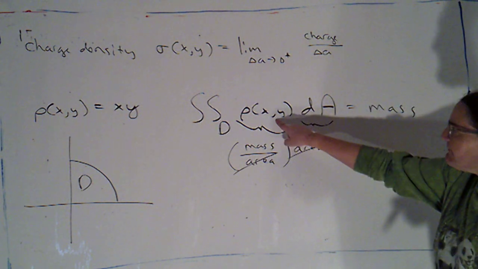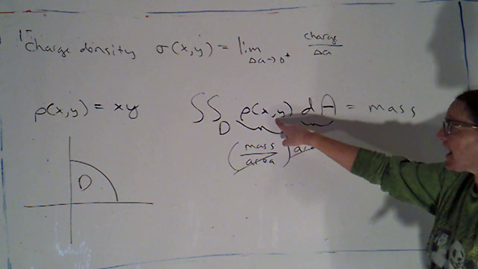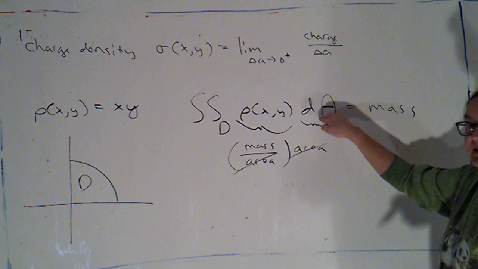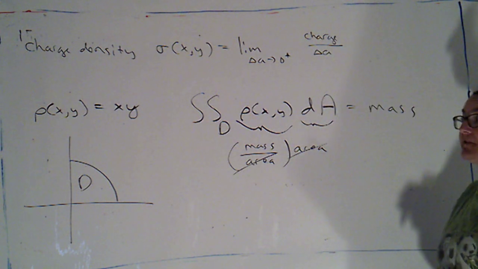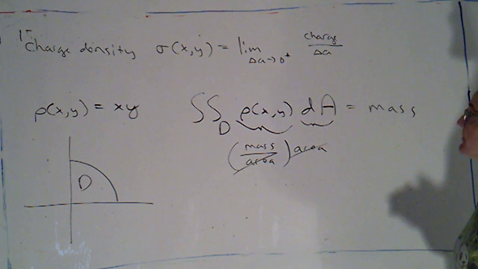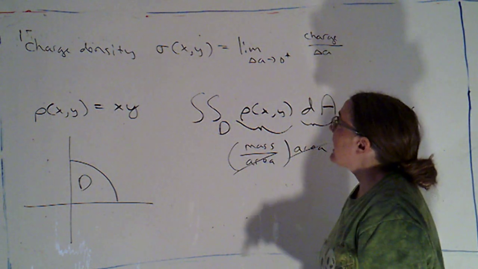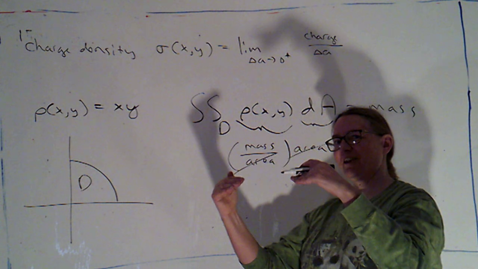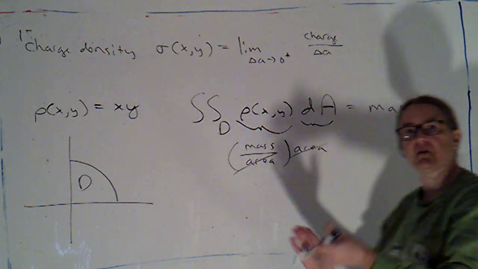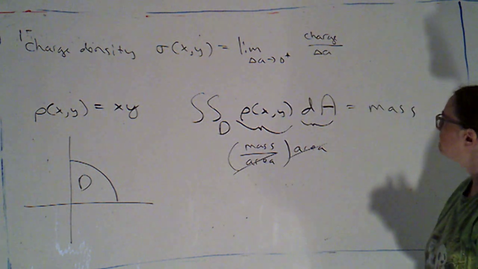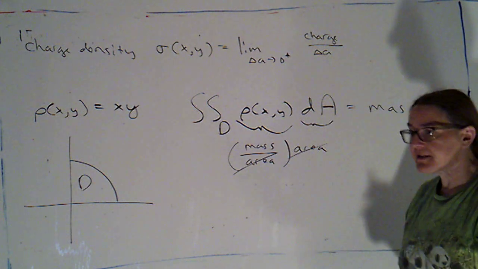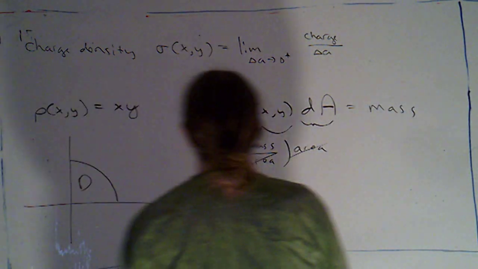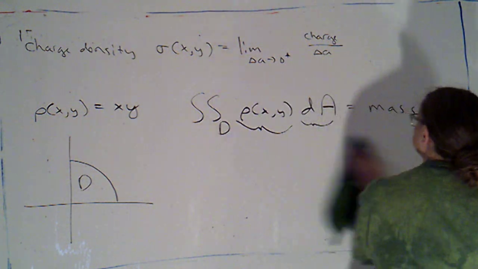You just say, if this was constant, what would I get if I multiplied what this gives me times what this represents? And that will always give you the meaning of the integral. In a similar way, if I were integrating a charge density, that would be charge per area times area. That would give me the total charge that was distributed across the lamina. Okay, so let's actually do this problem and calculate the mass of this particular object.